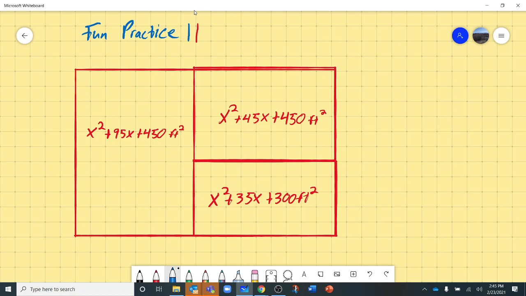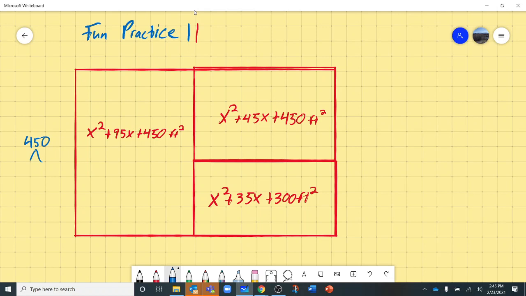We have x squared plus 95x plus 450. Remember, the first thing we want to do is take that 450 and see if we can find two factors that will add up to 95. Well, I know that 45 is 9 times 5, and that's sort of like 95, but not.